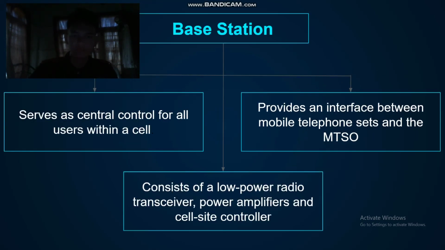Next, the base station serves as central control for all users within a cell. It also consists of a low power radio transceiver, power amplifier, and cell site controller. It also provides an interface between mobile telephone sets and the MTSO.